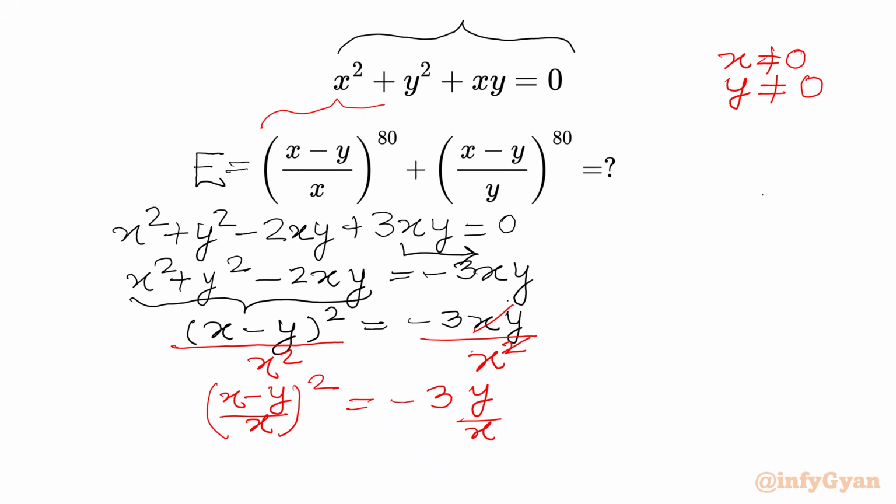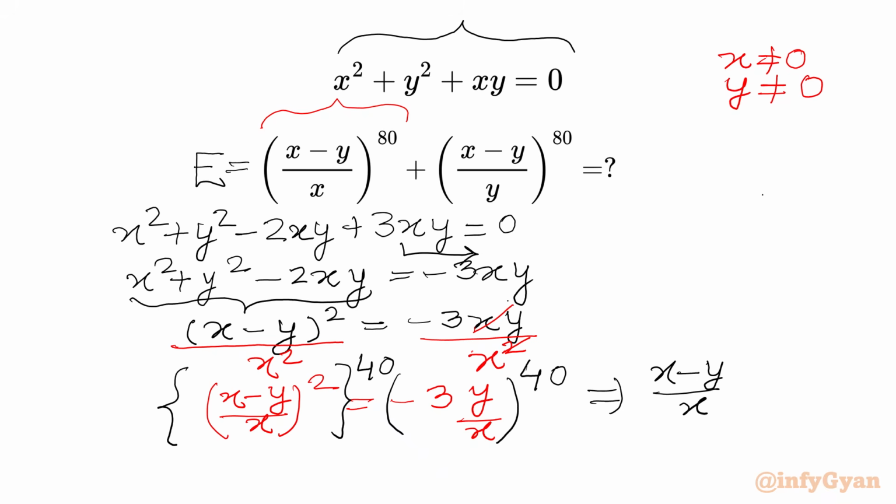Now here it is (x minus y) whole power 80 over x power 80, or ((x minus y) over x) whole power 80. So we are going to raise power 40 on both sides, so we'll write power 40 in RHS also. Now LHS will give us the first term of the required expression, ((x minus y) over x) whole power 80, and RHS will become 3 power 40 times (y over x) whole power 40.